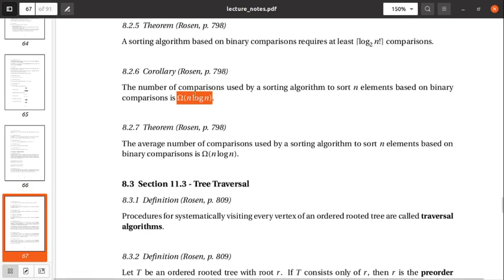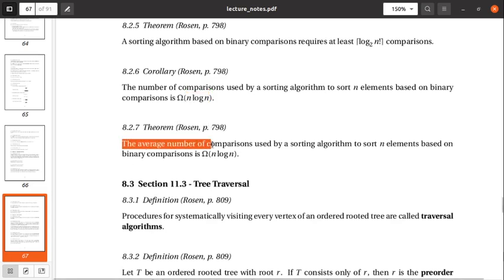But merge sort will always take this amount of time. It'll always be on the order of n log n, regardless of whether the input was sorted to begin with or was unsorted. But the upside is that it's never worse than this. And n squared versus n log n is significantly worse as the size of the input gets larger.